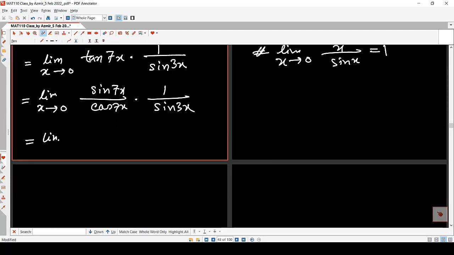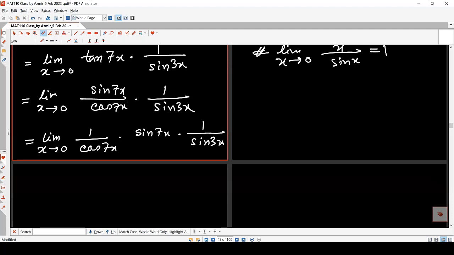So now we can write limit x tends to 0, 1 over cosine 7x times sine 7x times 1 over sine 3x. You can understand that I have written it this way just to separate all the terms.